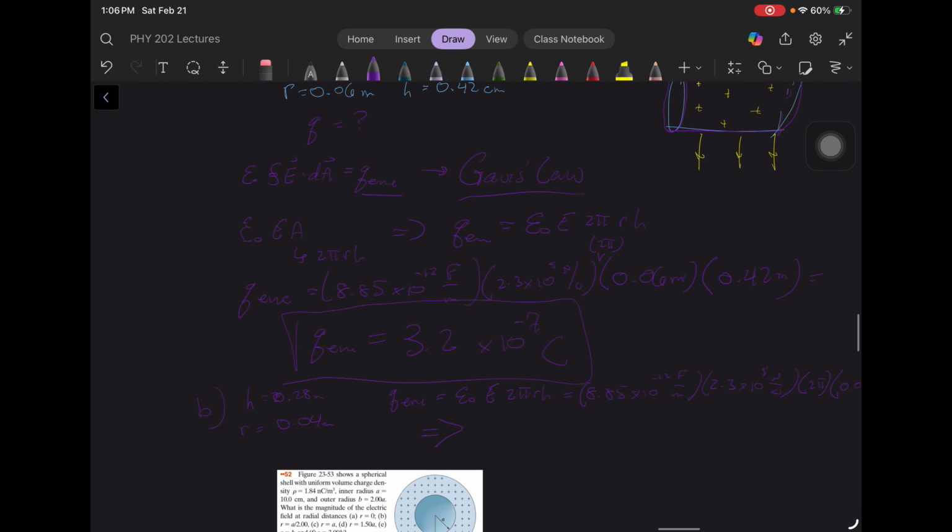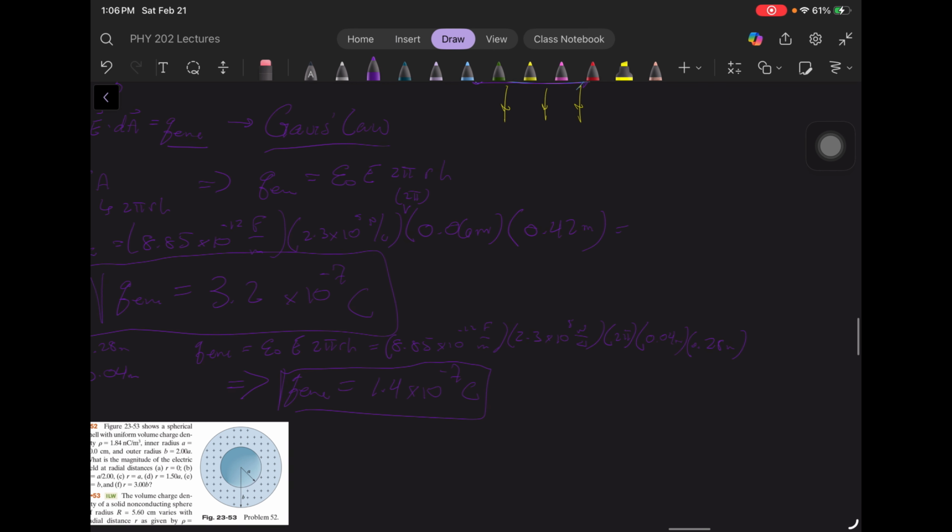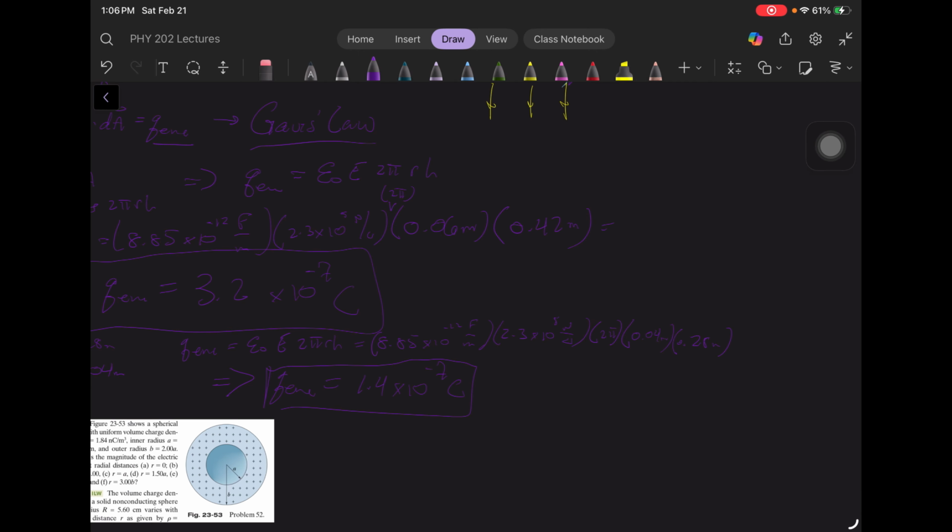And so we get Q enclosed is going to be equal to 1.4 times 10 to the negative 7 coulombs. Let's see, does this make sense? Well, we have a lower charge. We use the same equation, but we lowered two of the things we're putting in there. So yeah, I'd say this makes a good bit of sense.